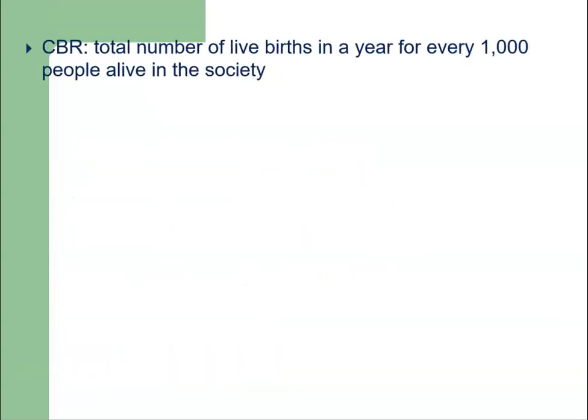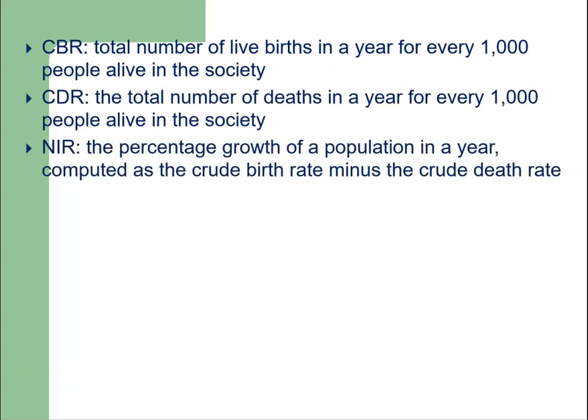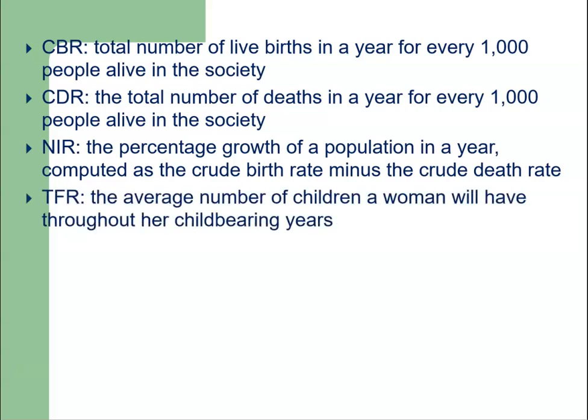Crude birth rate means the total number of live births in a year for every 1000 people alive in the society. Crude death rate means the total number of deaths in a year for every 1000 people living in the society. Natural increase rate is the percentage growth of a population in a year, computed as the crude birth rate minus the crude death rate.